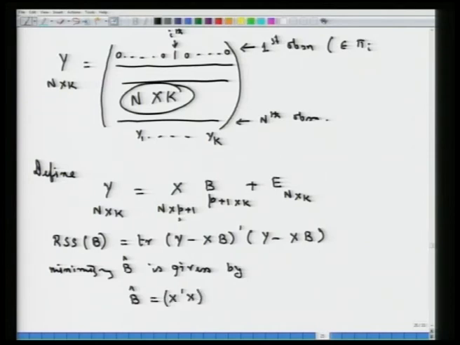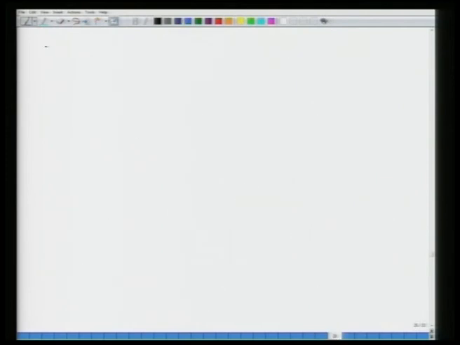We will have this as (X transpose X) inverse X transpose Y. Now, as you can see from this form, if this Y matrix consists of these k columns, and you consider the ith column of Y, then (X transpose X) inverse X transpose multiplied with the ith column of Y gives us the ith column of this B hat matrix.